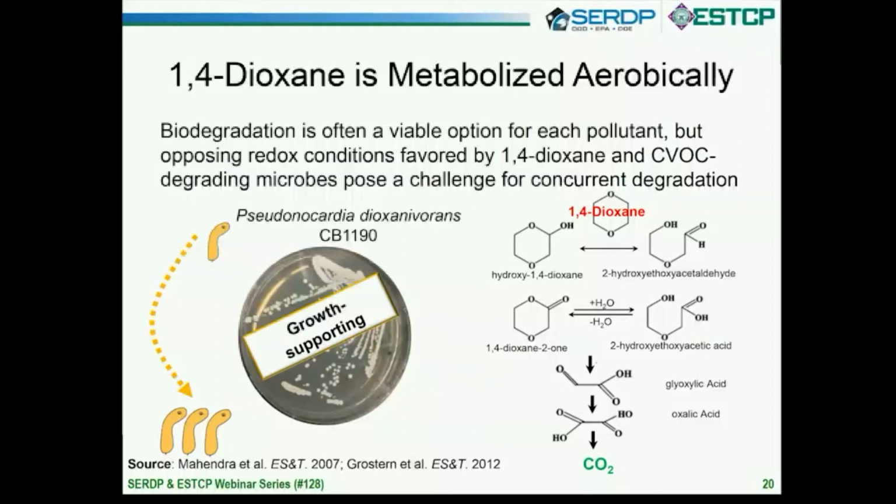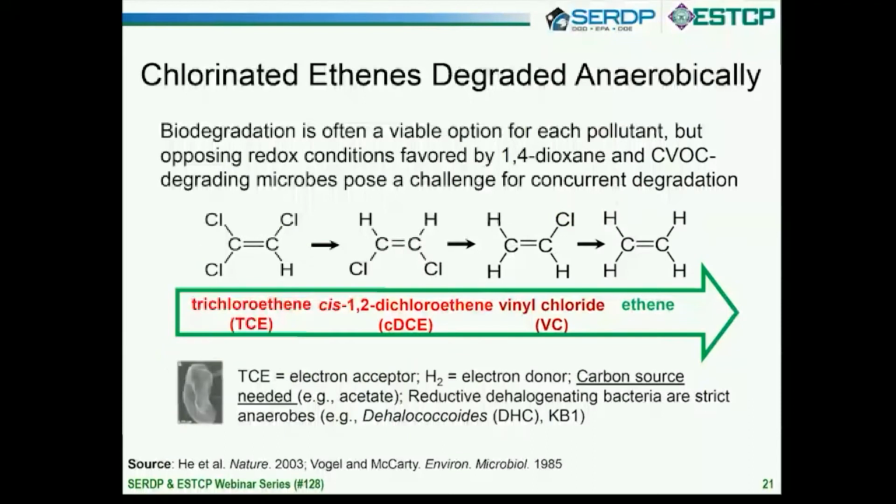But this process is aerobic. These bacteria respire oxygen as the terminal electron acceptor. Chlorinated ethenes, at least initially, are degraded anaerobically for highly chlorinated compounds such as PCE or TCE. There are some reports of lower chlorinated ethenes being degraded aerobically, but in general, TCE and others are degraded anaerobically.